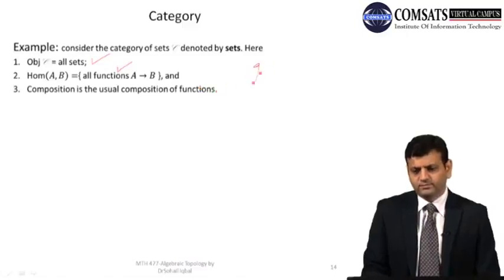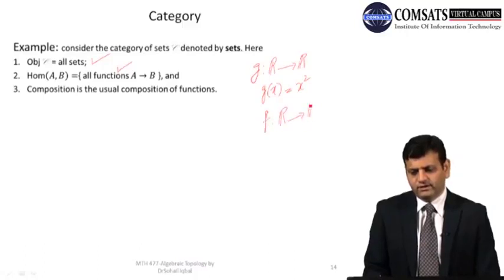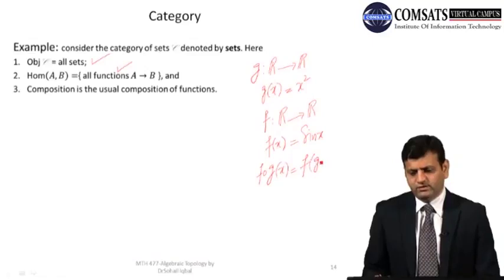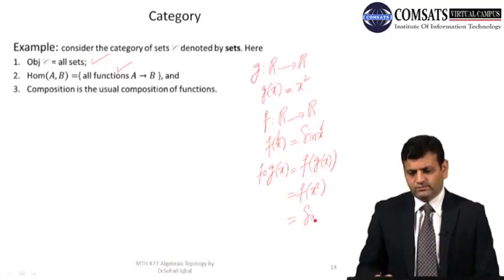For example, if we have a function g from R to R defined by g(x) = x squared, and another function f from R to R defined by f(x) = sin x, then the usual composition (f circle g)(x) is f(g(x)). Since g(x) is x squared, we replace g(x) with x squared. So what is f(x squared)? Since f(x) is sin x, we just replace x with x squared.